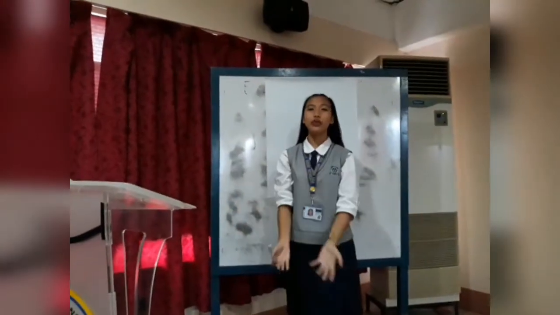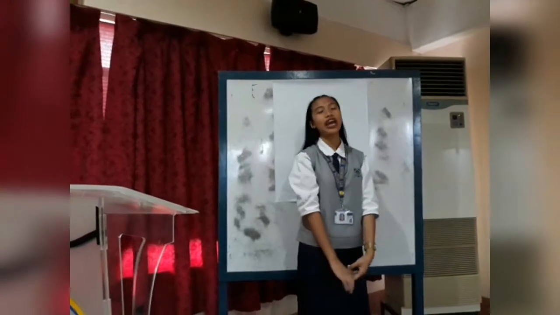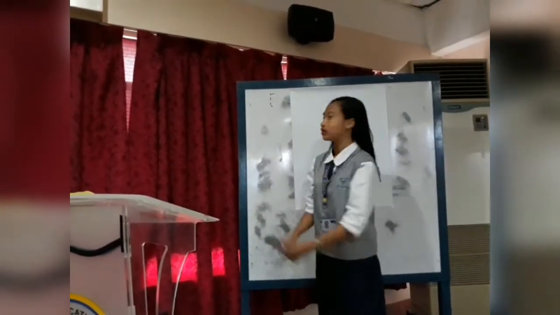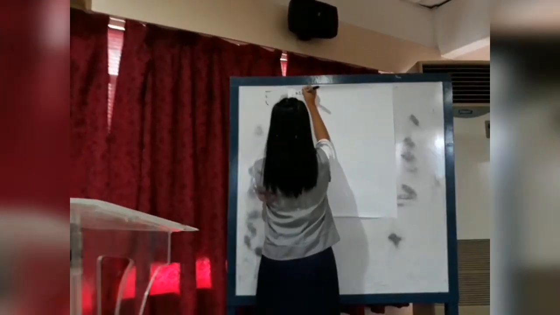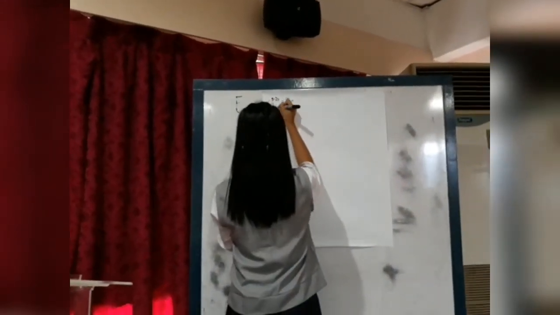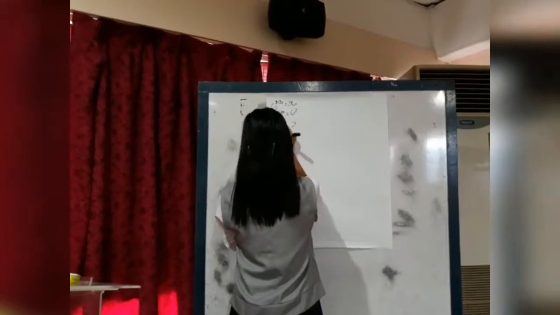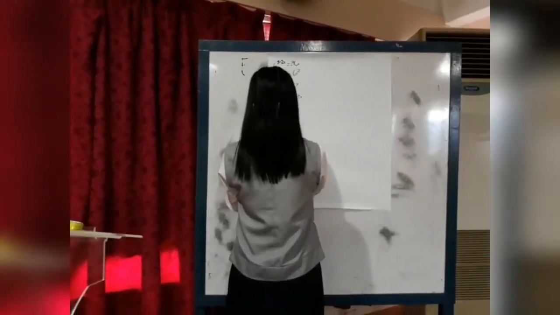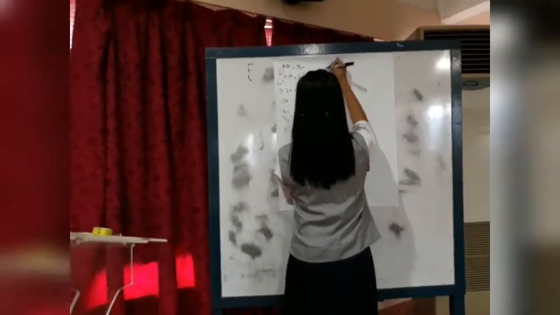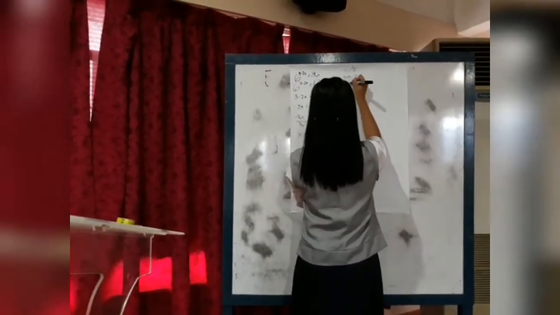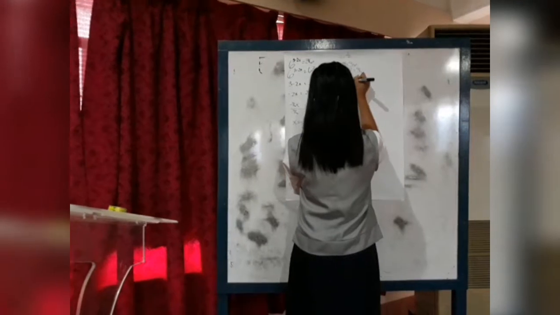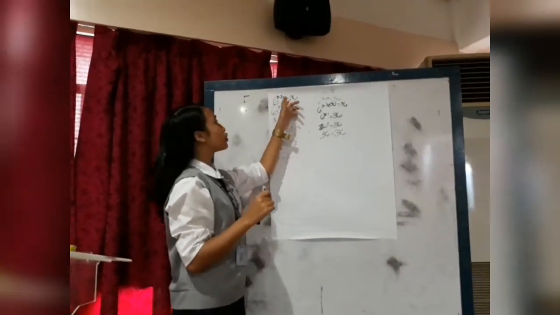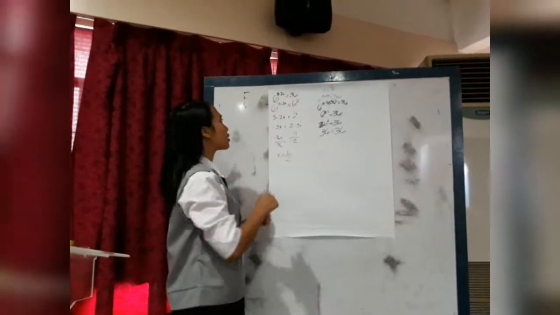Hello everyone, I am here to give you another example of exponential and logarithmic function. 6^(3-2x) is equal to 36.